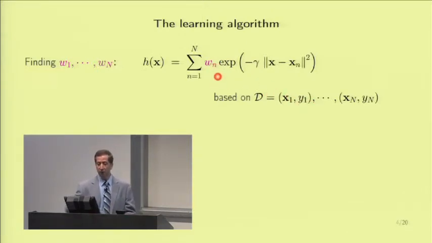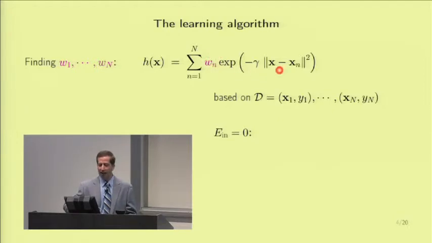Now, there is an interesting point of notation because the points appear explicitly in the model. Xn is the nth training input, okay? And now I'm going to evaluate this on a training point in order to evaluate the in-sample error. Because of this, there will be an interesting notation. Let's say we ask ambitiously to have the in-sample error be 0. I want to be exactly right on the data points. I should expect that I will be able to do that. Why? Because really, I have quite a number of parameters here, don't I?